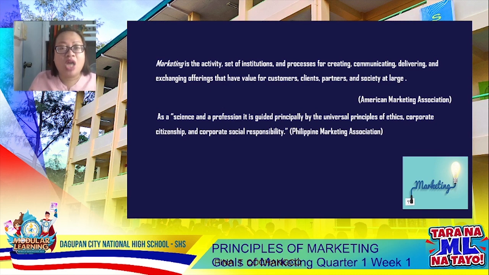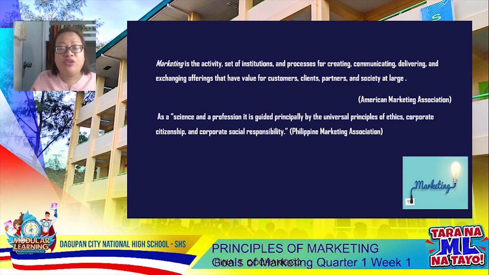Meaning that it's not per se the newspaper ads, the television commercials, the flyers that the agent would give to you. It's the entire set of institutions, the processes, the 4 P's of the marketing mix, with the intention to create awareness, to communicate offerings that have value not only for customers, but of course their suppliers or partners and the society as a whole.